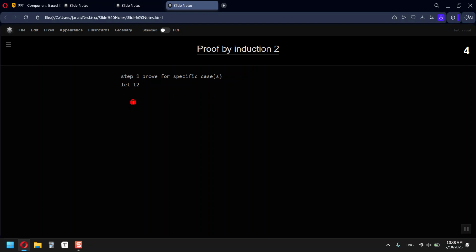Since we already suppose that it's true in this case, y is larger or equal to 0, so y plus 1 would also be larger or equal to 0. So this would fulfill the constraints, and it would thus be true for k plus 1. This one's a bit more convoluted, so if you have any questions, please ask them, and I'll try my best to answer.